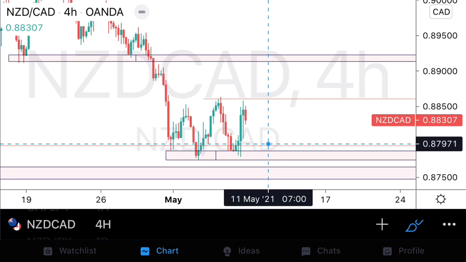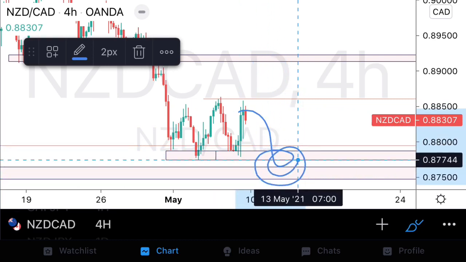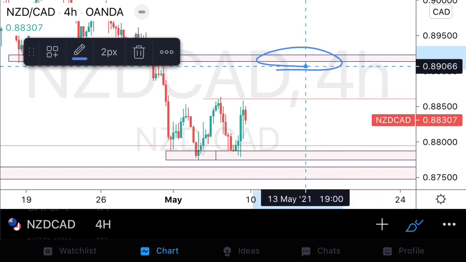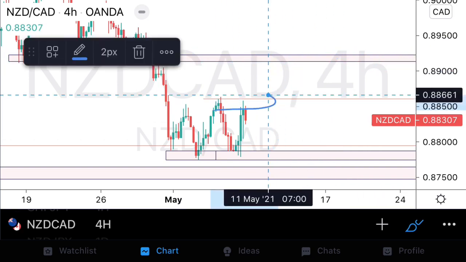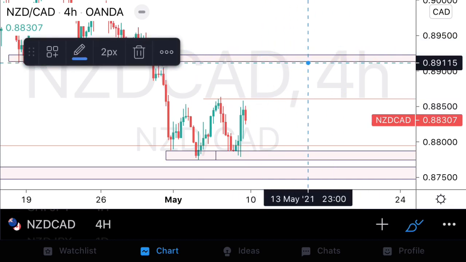Otherwise, if you were to be a buyer by the time prices came into this area, you would have a lot of risk to reward and the probabilities as well, because the next resistance area that you understand is an important resistance area would be these areas here, and so you'd have to maybe partial out halfway through your position and then manage your full position by the time prices get there.